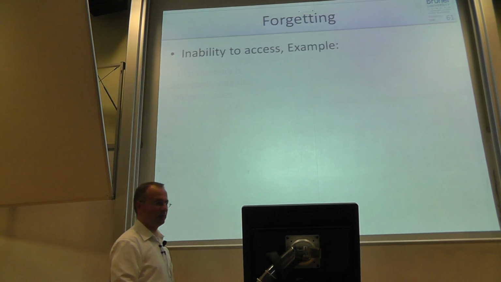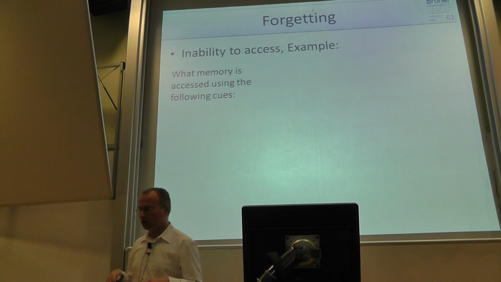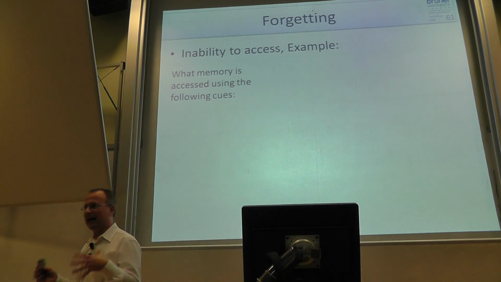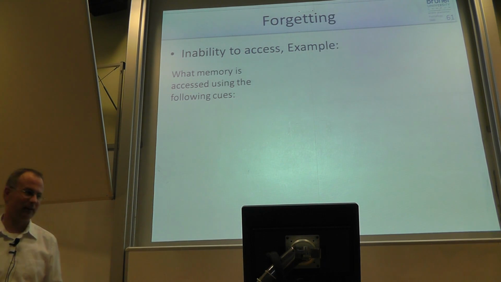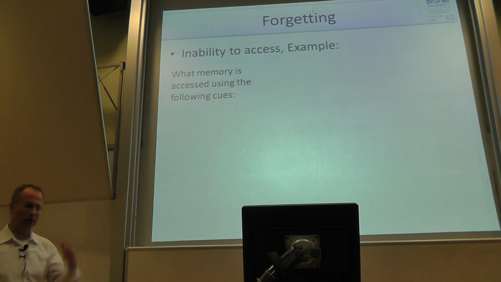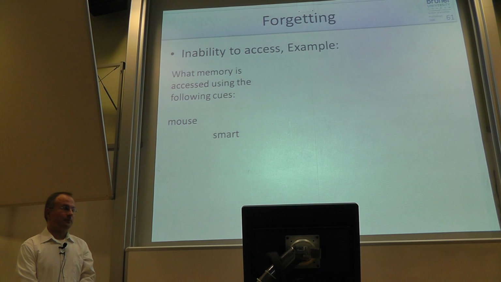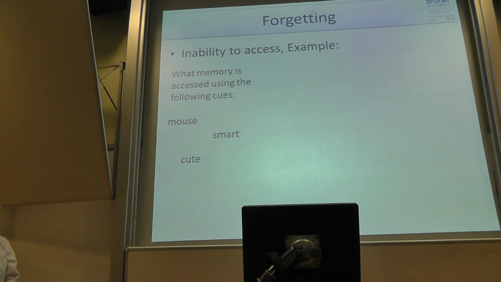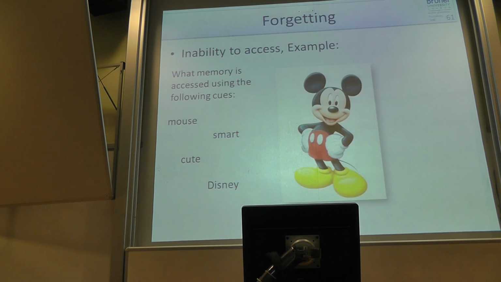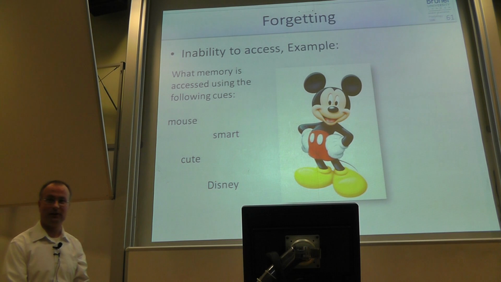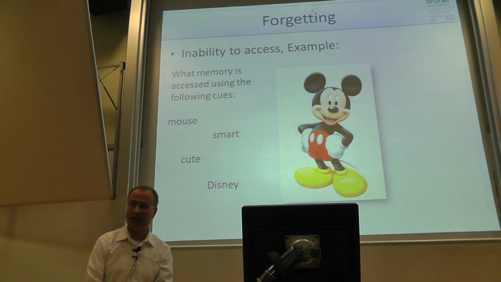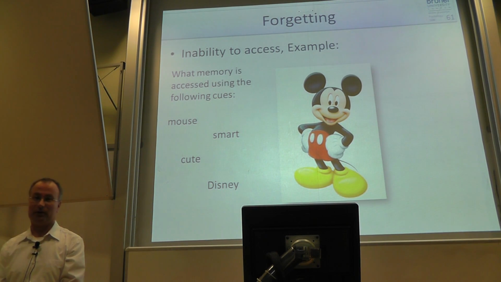Let's have an example. Okay, so what memory is accessed in your mind when you get the following retrieval cues? Most people probably got that picture into the mind. That's a rather easy task.